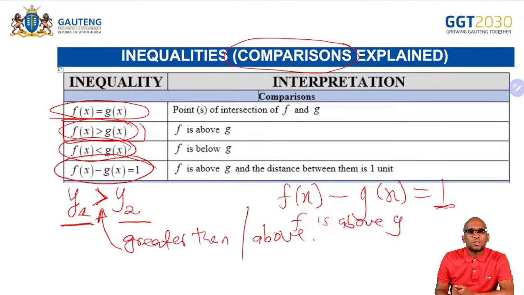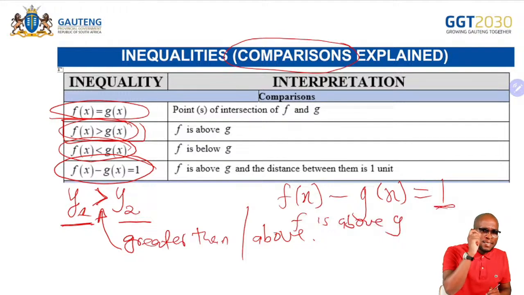Very, very important. F is above g and the vertical distance between f and g is 1 unit.